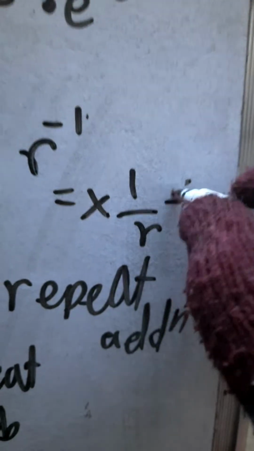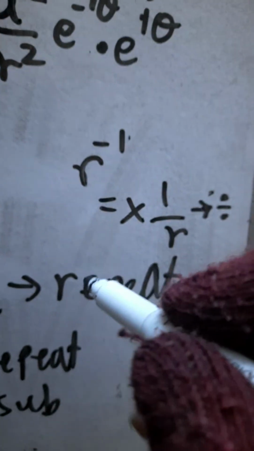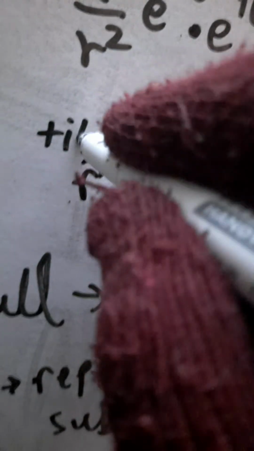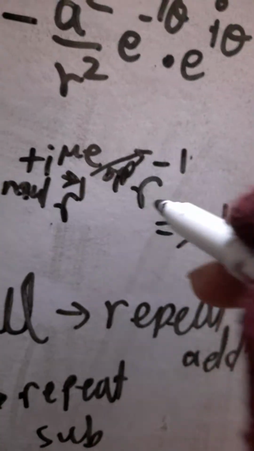Because r raised to 1 means r times multiplied, and the opposite of 1 is minus 1, so minus is the opposite sign, right?